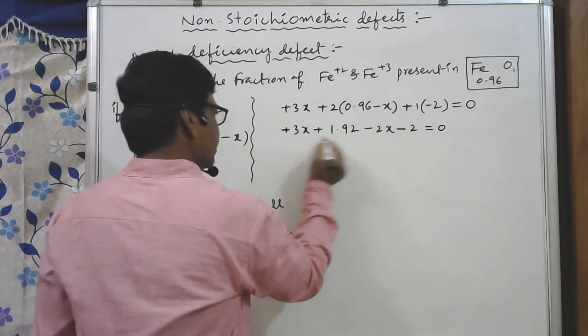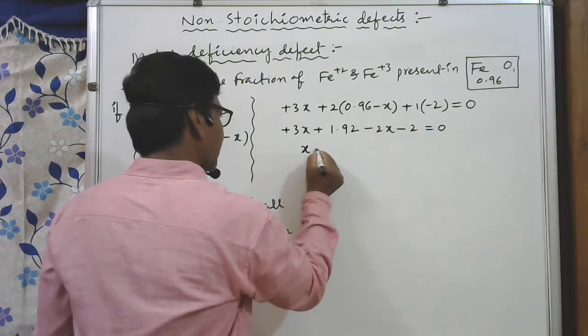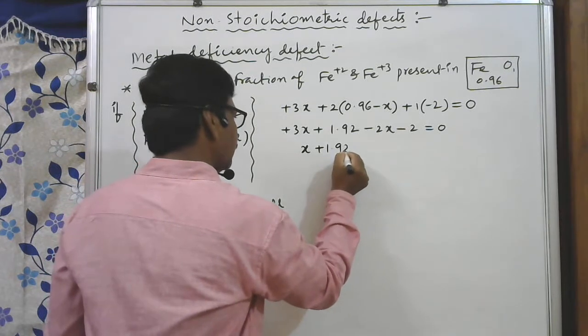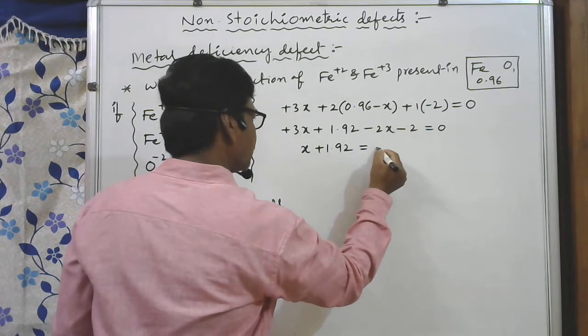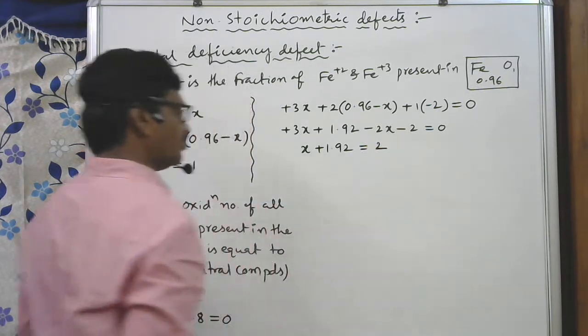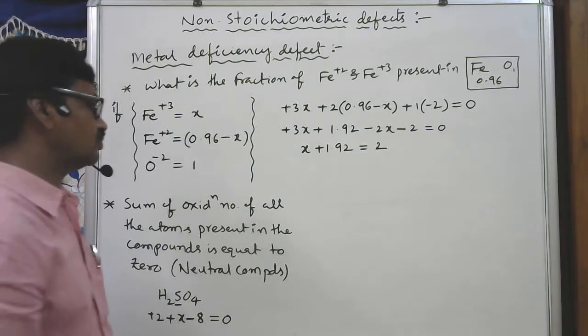Then here minus 2x is there, here plus 3x, so it is x. X plus 1.92 equal to, whenever this minus 2 goes that side, it becomes plus 2. So x plus 1.92 equal to 2.